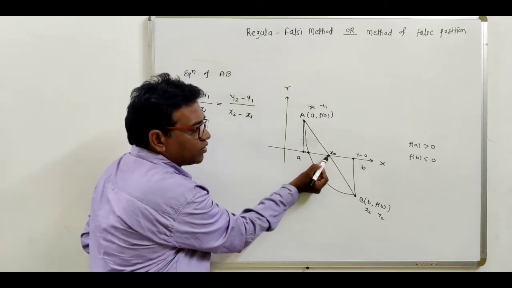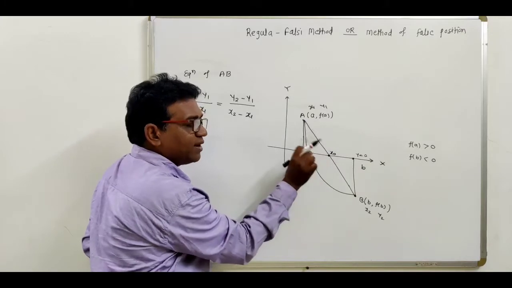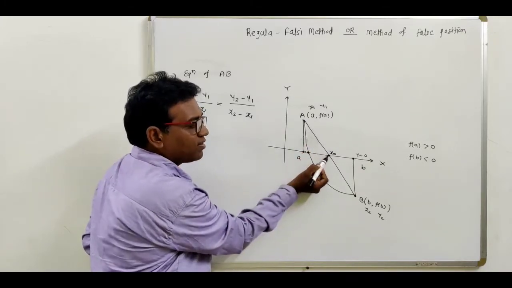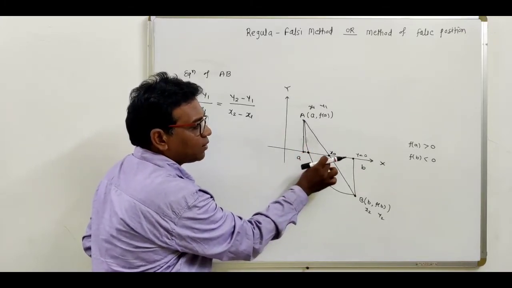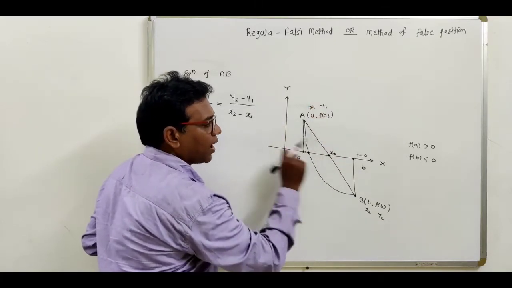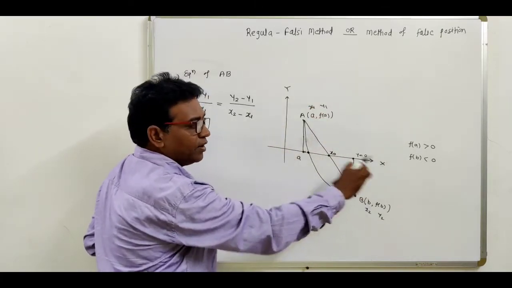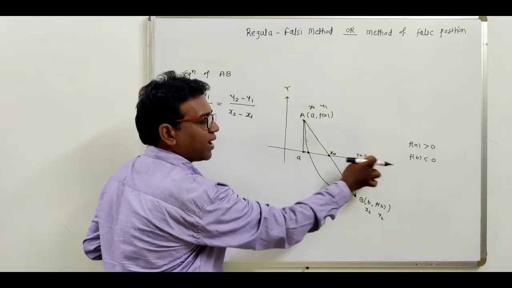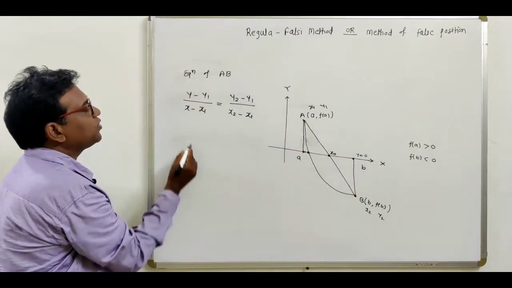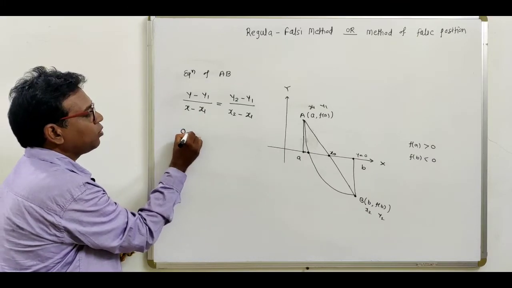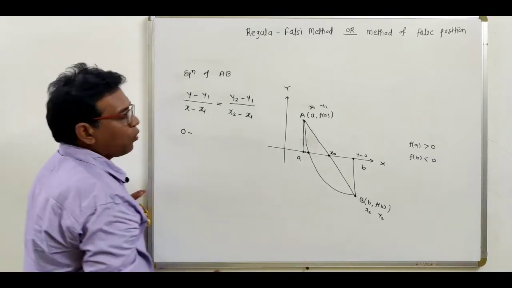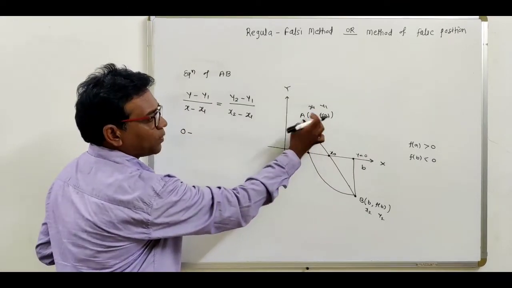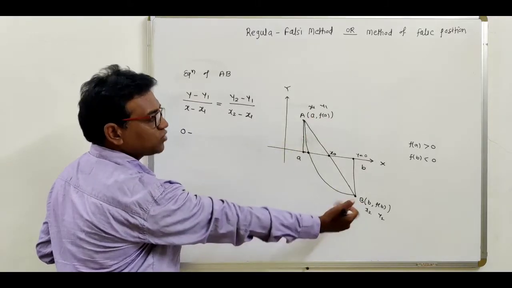Now we want to find this point x0, the initial approximate root. And x0 is the point of intersection of this chord and the x-axis. The equation of the x-axis is y = 0, so put y = 0 in this equation. So this is 0 minus y1. Suppose this is (x1, y1) and this is (x2, y2).